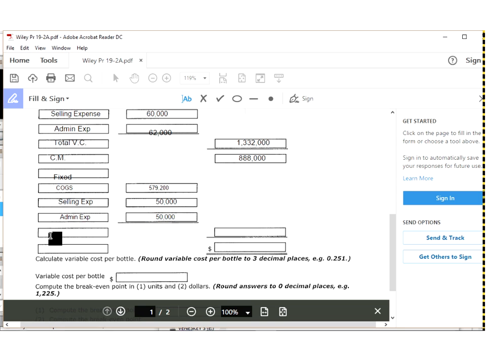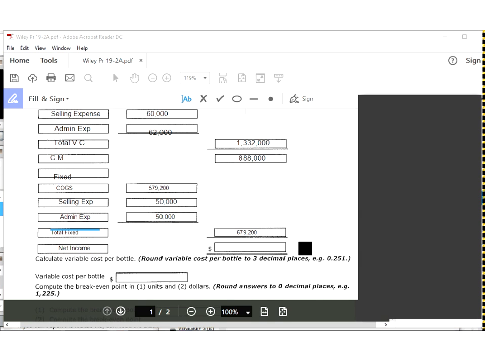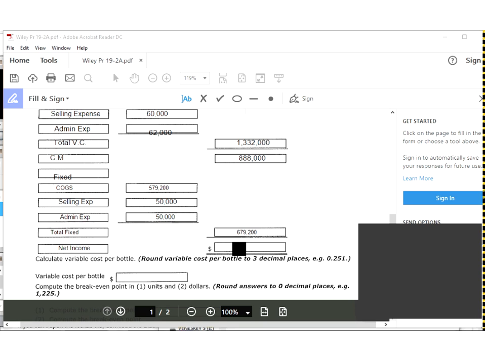So total fixed costs, that's a pretty easy adding, $679,200. And then, the same as with financial or managerial, our final number is our net income. And I was going to subtract this. $208,800.